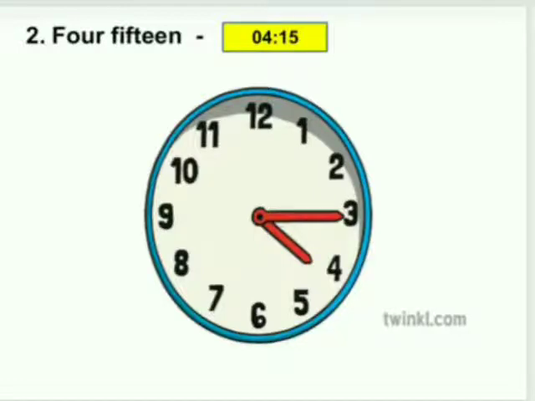That means in the table of 5, you have to find out when do you get the answer 15. Let's start. 5 ones are 5, 5 twos are 10, 5 threes are 15. That means we will draw minute hand on number 3.